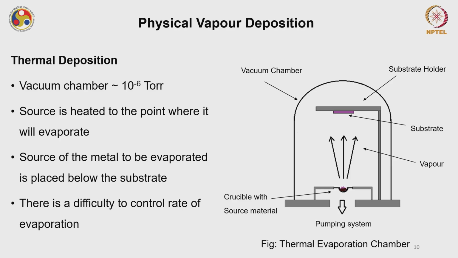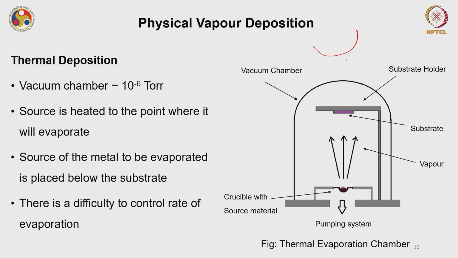In this thermal deposition system, the source is heated to the point where it will be evaporated. A source of the metal to be evaporated is placed below the substrate. Usually this substrate is mounted on a curved surface.